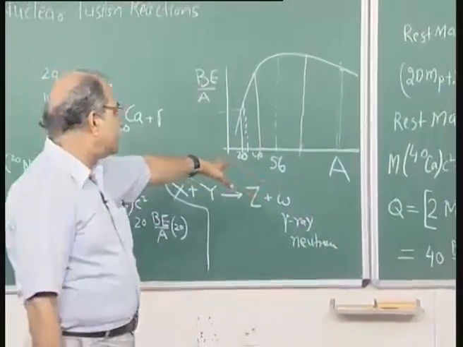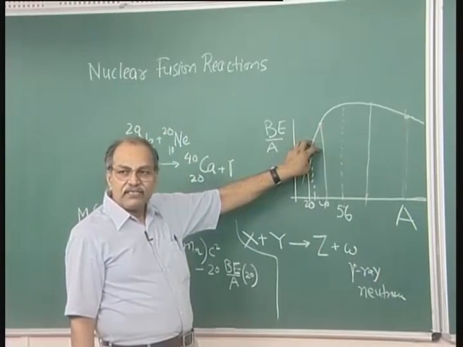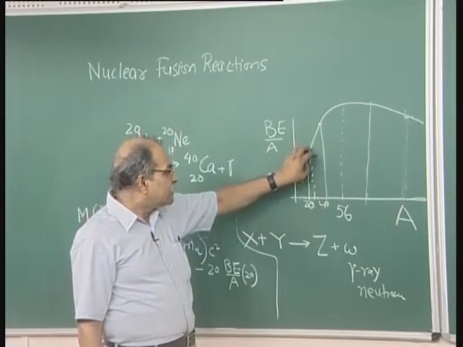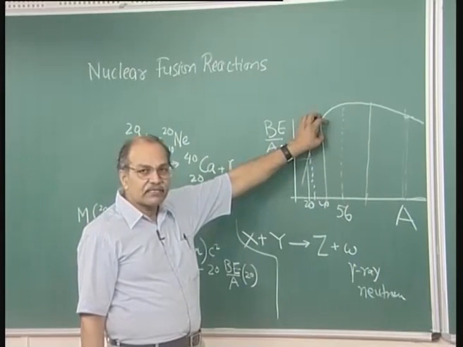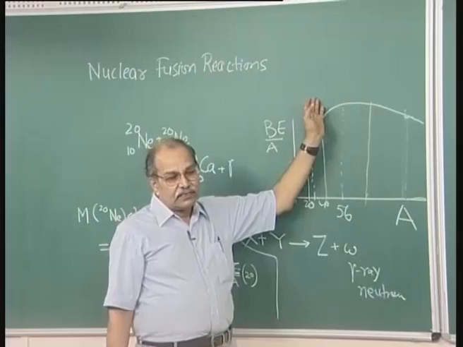Whenever you combine nucleons in this light nuclei zone and make a nucleus which is somewhat heavier than that, but do not cross this peak, you will get Q value positive. So, this mode of energy production from nuclear reactions using light nuclei and their fusion has several advantages over what we are currently using, that is nuclear fission reactions.